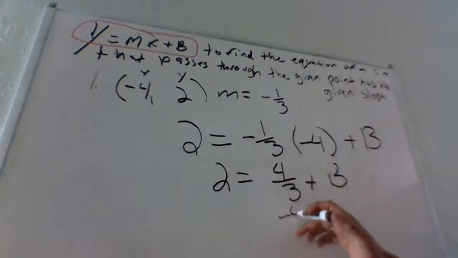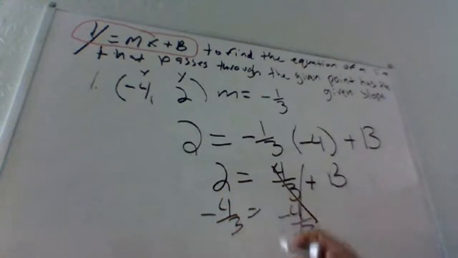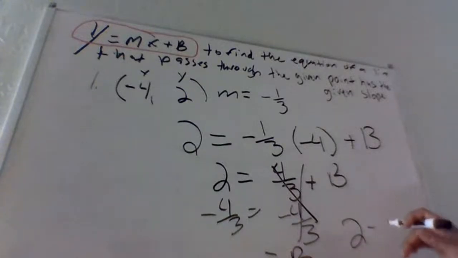Okay. So minus 4/3. So what is b going to equal? So now 2 minus 4/3 equals b.